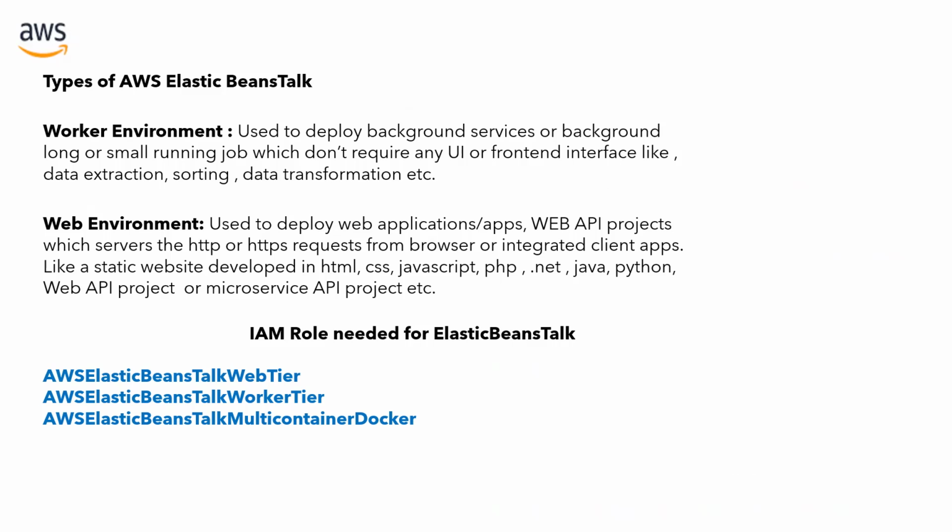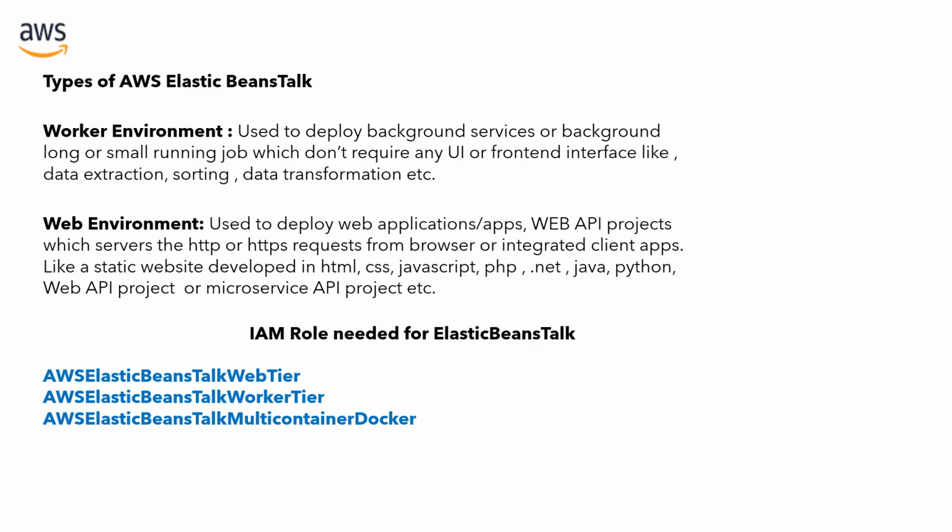The worker environment is used to deploy applications which are background jobs, background tasks, or scheduled jobs in nature. Let us understand, we have to run a task in the background, doing some data segregation, data transformation, data extraction, and data sorting.